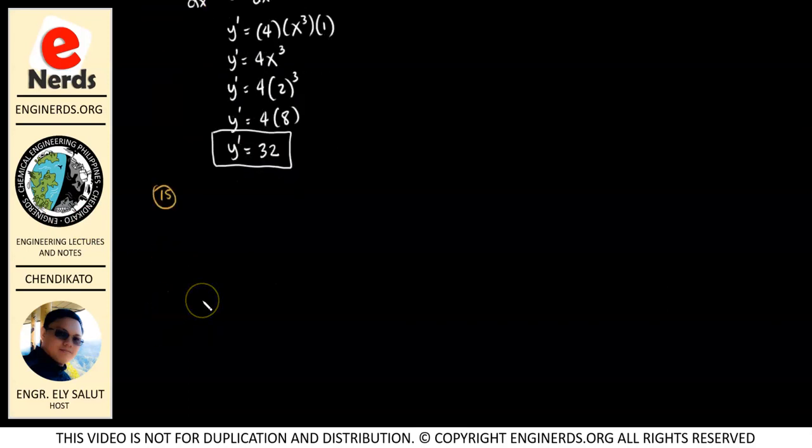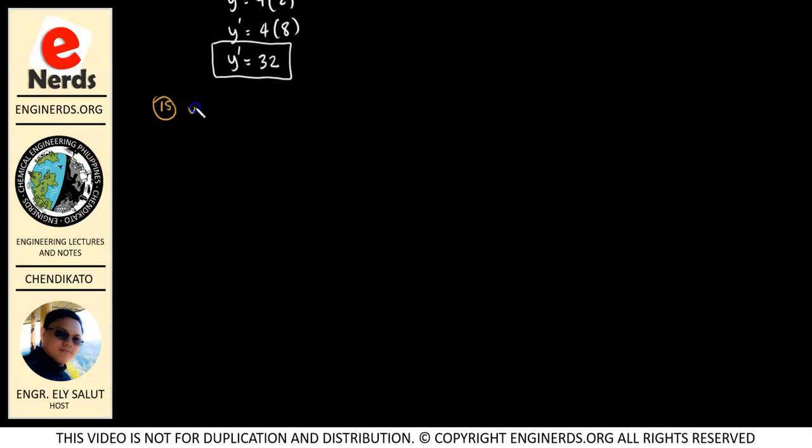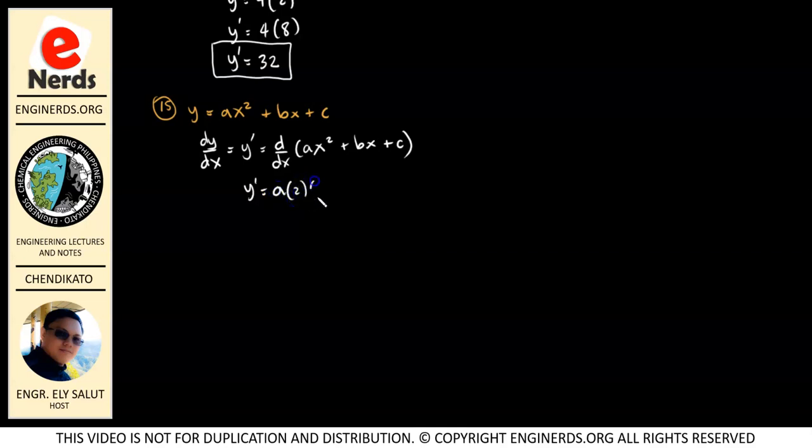So, ang problem number 15 is y is equal to ax squared plus bx plus c. Okay? So, kunin natin yung dy over dx, which is also equal to y prime. This is d over dx of ax squared plus bx plus c. Okay? So, y prime is equal to a times 2x. 2 minus 1 is equal to 1.